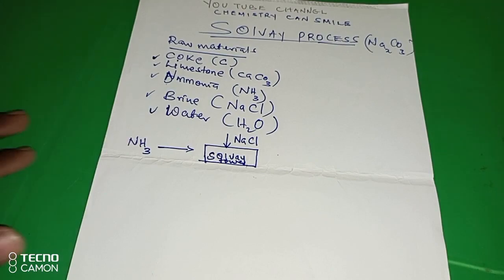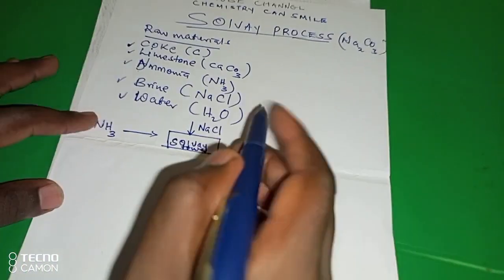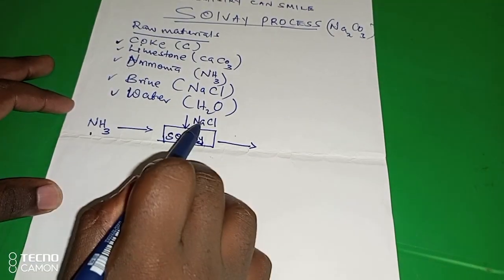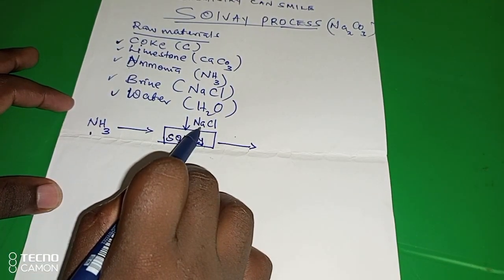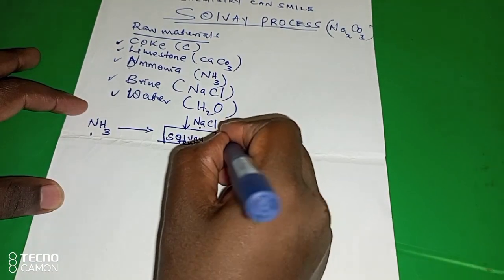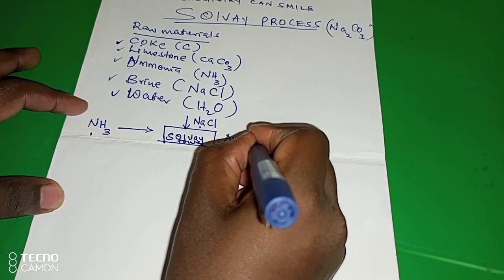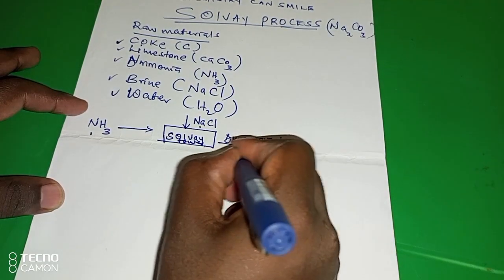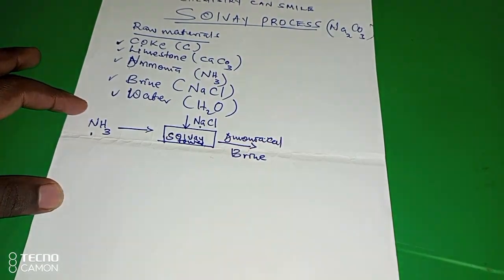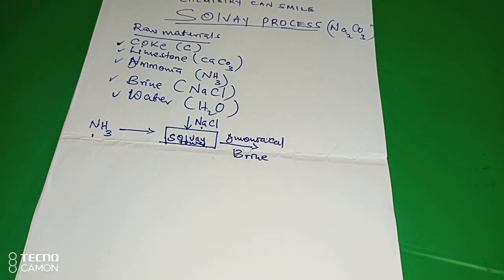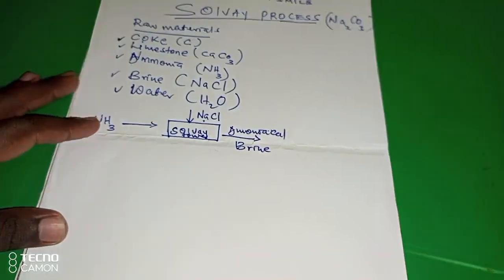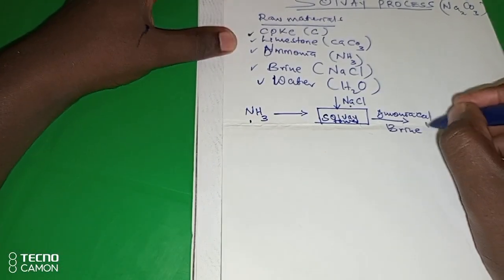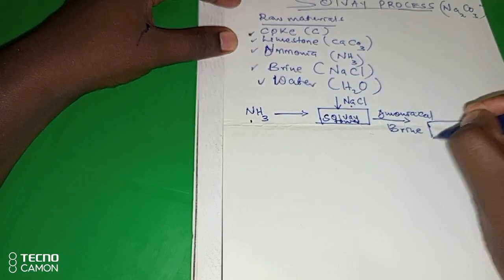In the Solvay tower, ammonia reacts with concentrated sodium chloride to form ammoniacal brine. Ammoniacal brine is taken to another chamber, which is the carbonator.